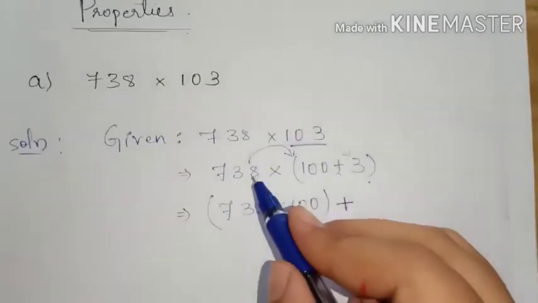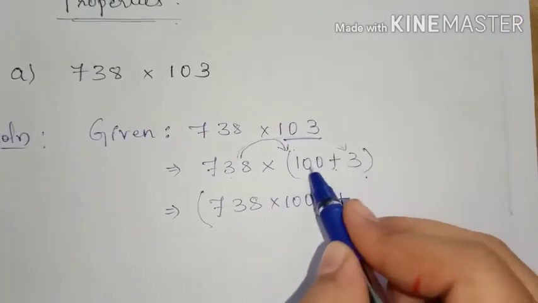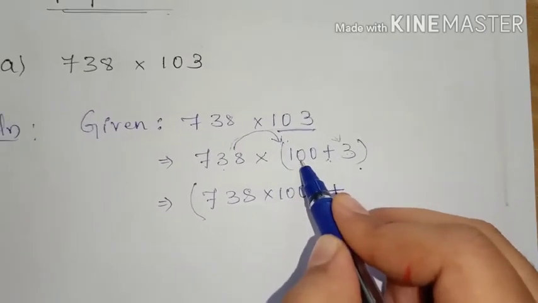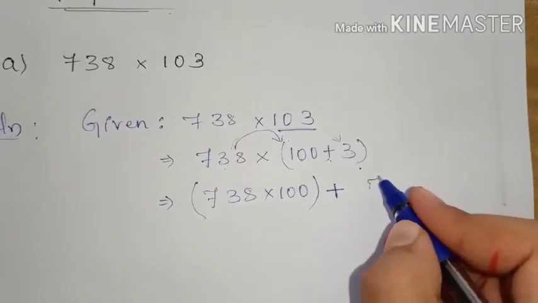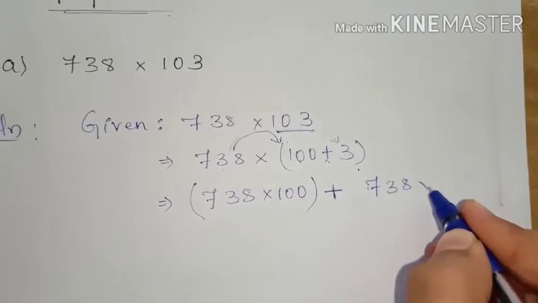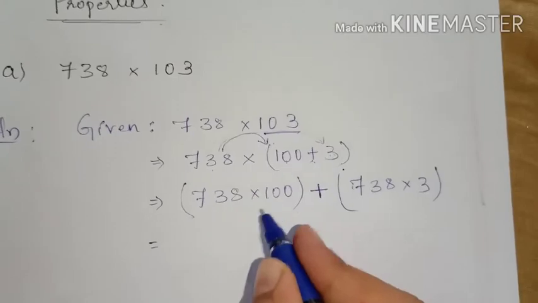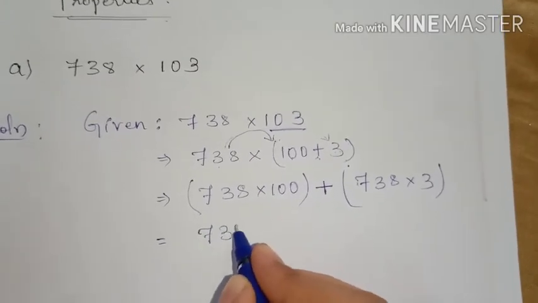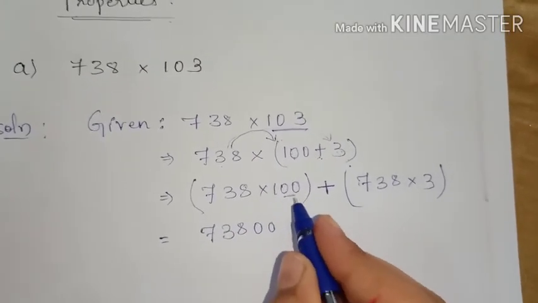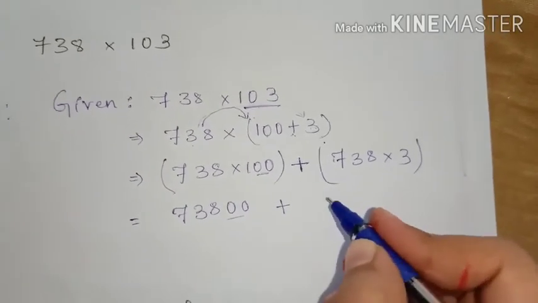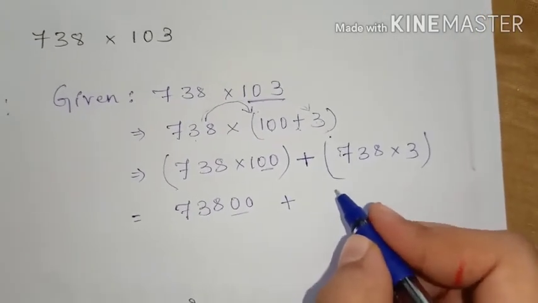You should multiply 738 with both of these numbers. First multiply with 100, then multiply with 3. So this becomes 73800, 2 zeros, plus 738 into 3.